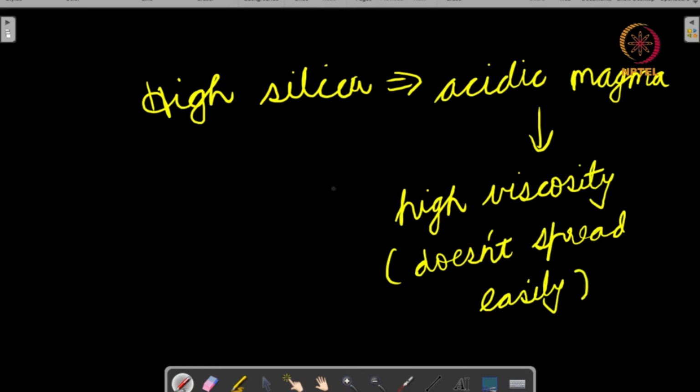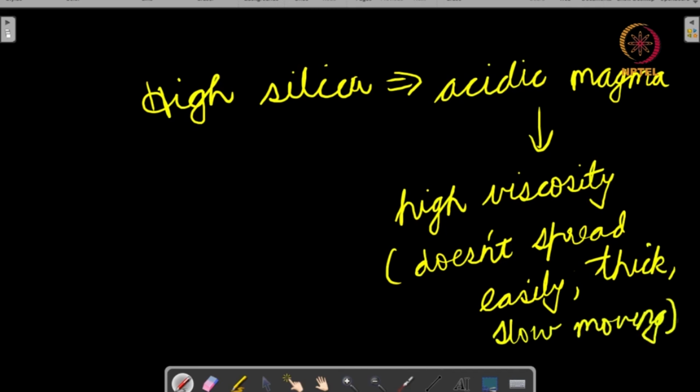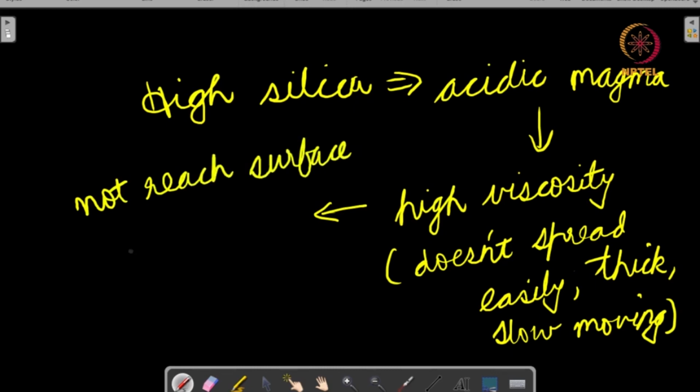Now if it doesn't spread easily, and at the same time it is also thick, and it is slow moving, then with these properties, typically the magma will not reach the surface, which means that it will result in an intrusive rock.